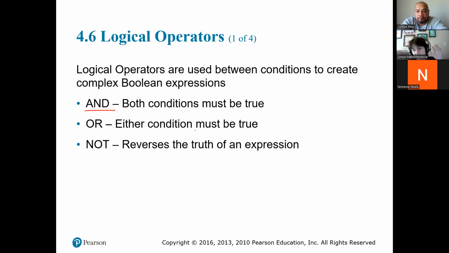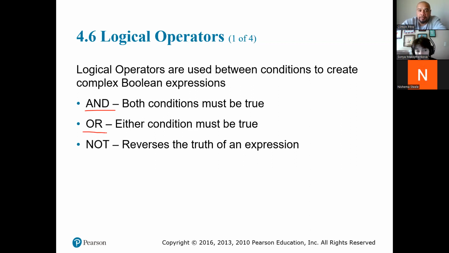It's going to check your first condition and see if it's true. If it is true, then it's going to check the second condition. If that second condition is true, then it would tell you that it is true. However, if any of those conditions are false, then your computer will say that the whole statement is false.